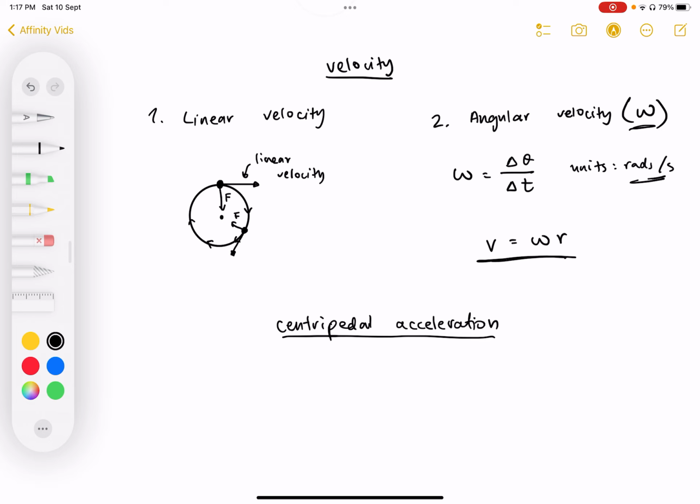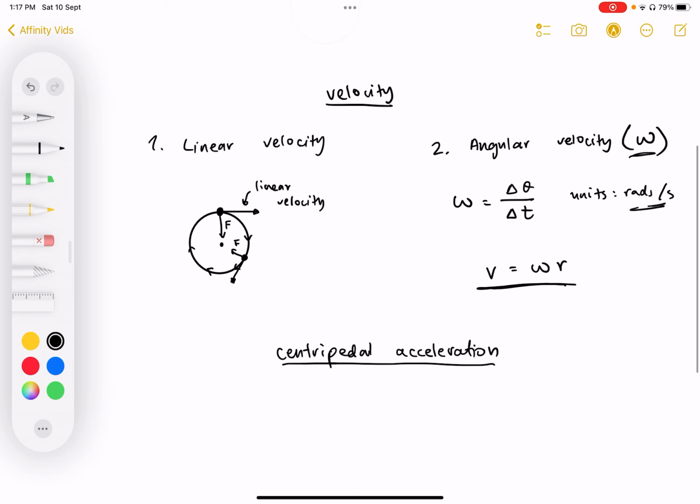So we can also say that the acceleration is changing. And it might feel slightly weird to be describing our velocity as changing because actually it's moving at the same speed. But what we need to remember is that the direction is constantly changing, which is why our velocity is changing, even though our speed is constant. And that's why we have our difference between our linear velocity and our angular velocity.